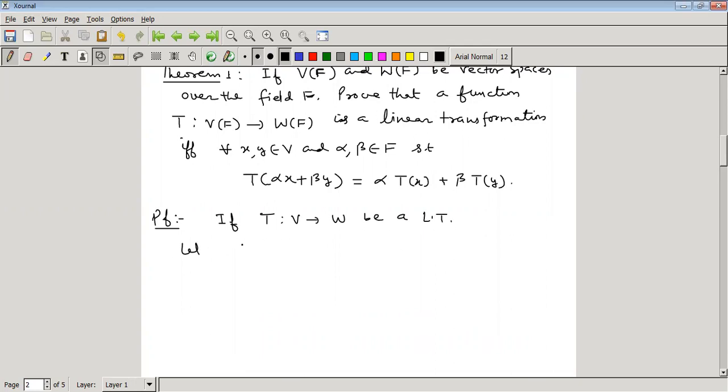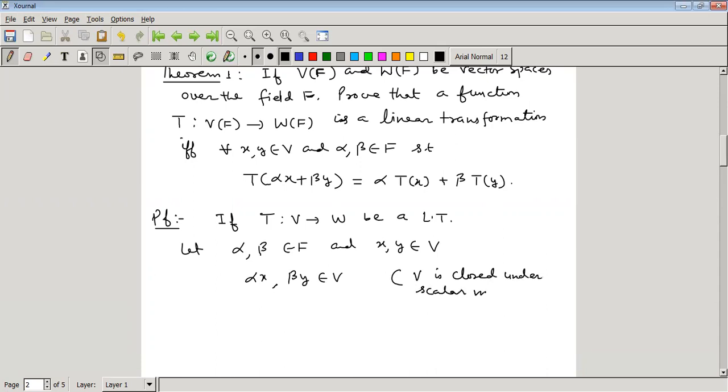Let alpha, beta be in the field and x, y in V. Because V is a vector space, by the property of scalar multiplication, alpha x and beta y belong to V, because V is closed under scalar multiplication. Because V is a vector space, right?